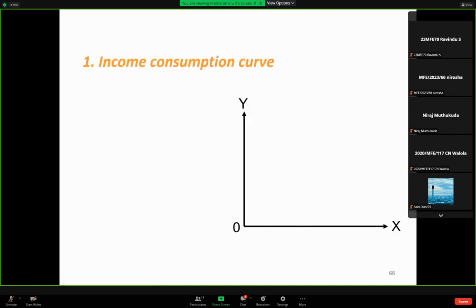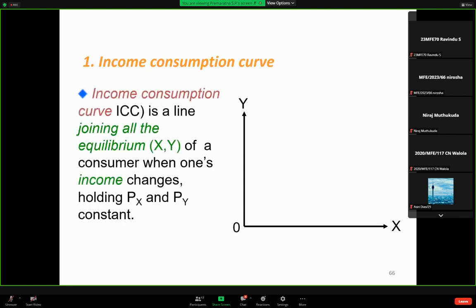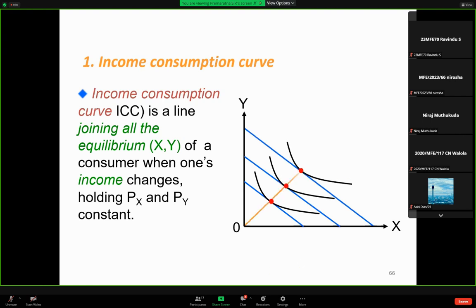When income changes, the consumers move like this and settle down, and they move along the ICC, like I said before, not the International Cricket Council, the income consumption curve. In other words, the income consumption curve is the line where we take all the equilibrium points when income changes, keeping the prices constant.